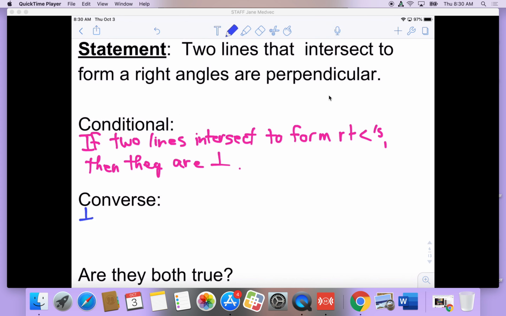So if what? Yes. Okay. So if, and I'm going to put in 2 lines are perpendicular, if that's all right. If 2 lines are perpendicular, then, yes?